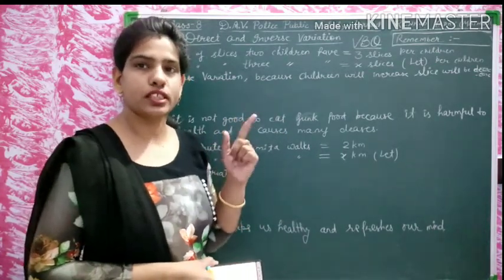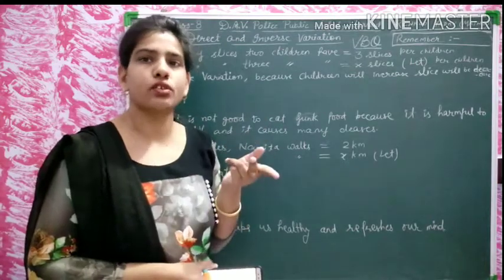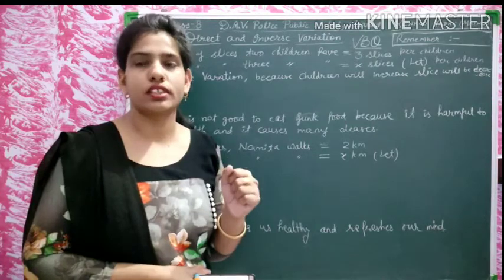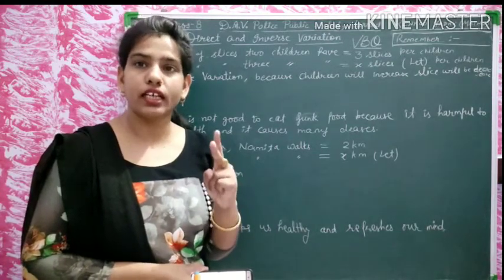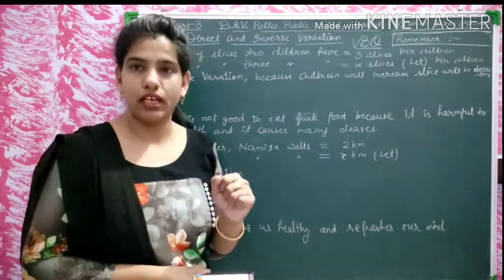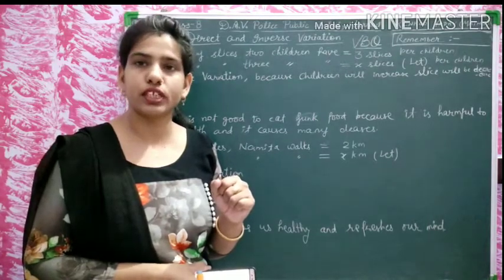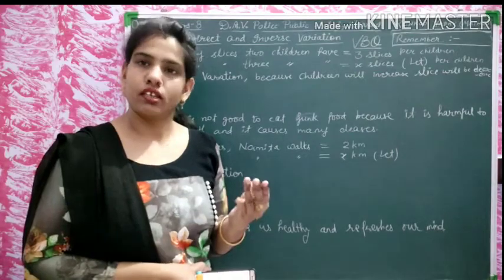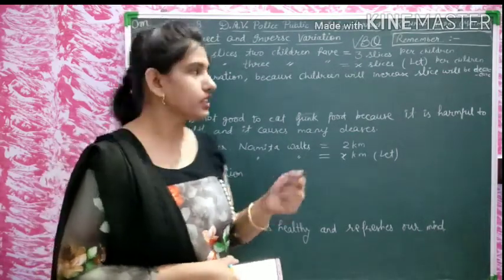So students, if one more child comes and they distribute these slices, each one gets fewer slices, because now there are 3 children. Is it clear students?